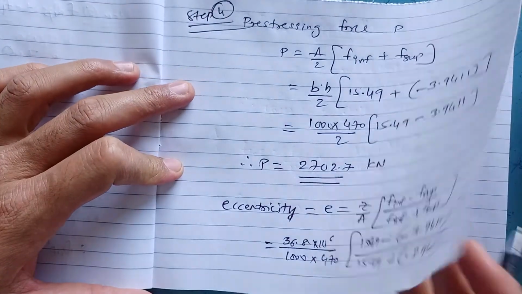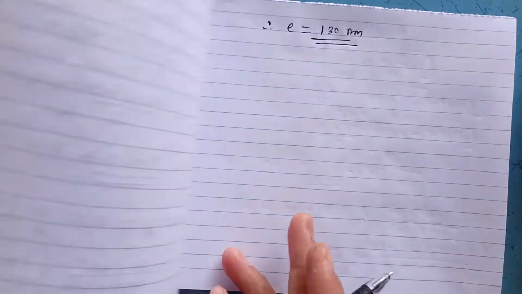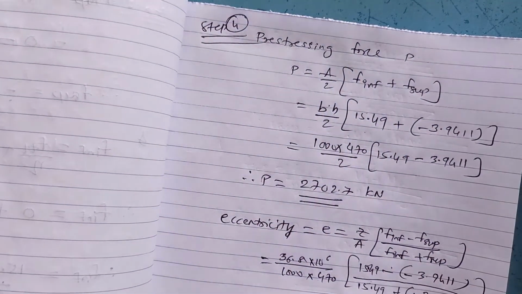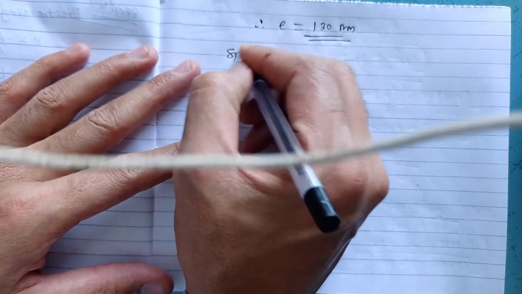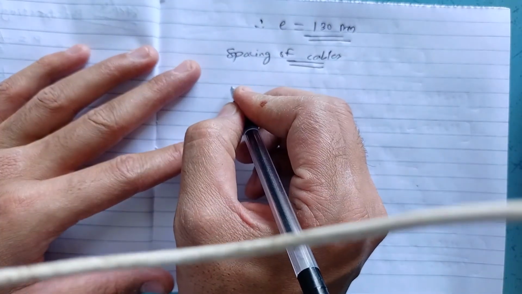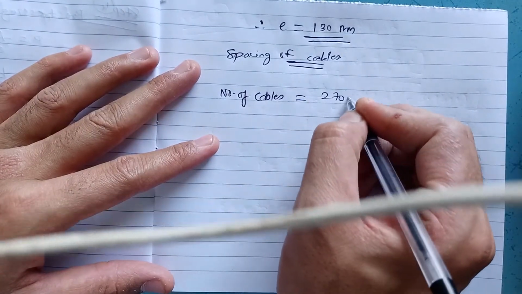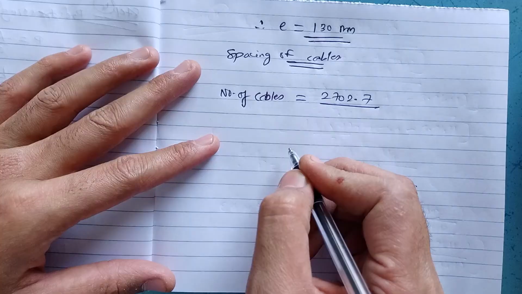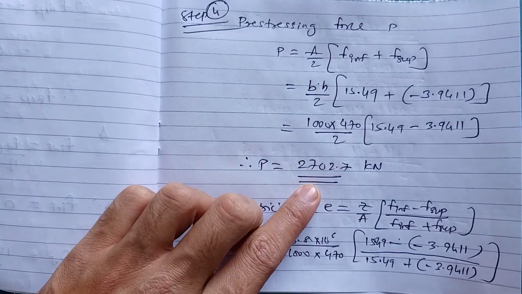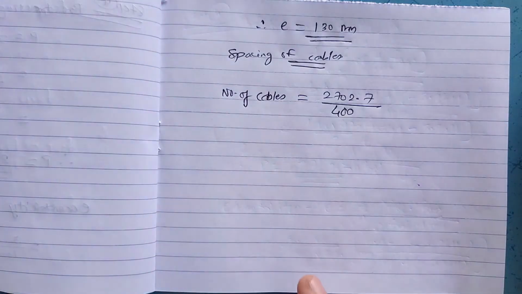This was our step 4. Now we will calculate spacing of the cables. Prior to that, the number of cables we are supposed to calculate, and this will be total pre-stressing force, that is 2702.7 kilonewton, divided by force in single cable as given in the problem statement.